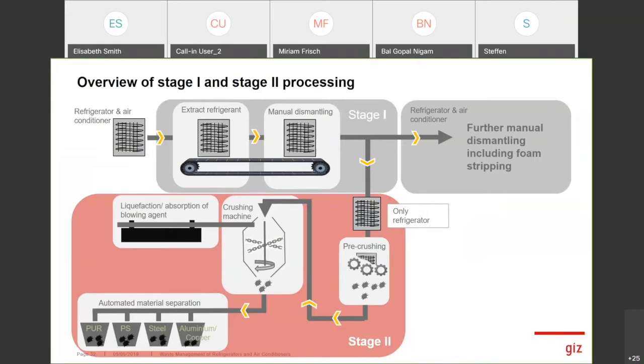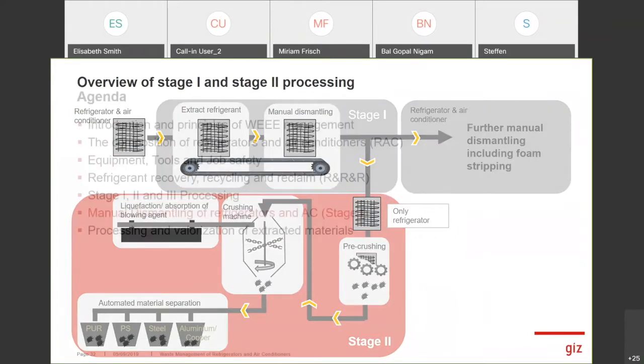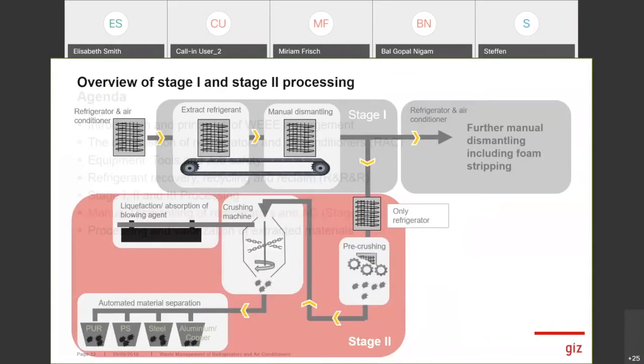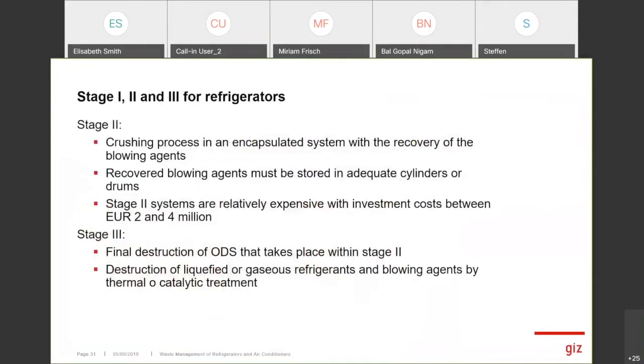This is stage 2. And on the next stage, no, stage 3 we do not have, but I already mentioned the stage 3 is destruction of materials and substances.